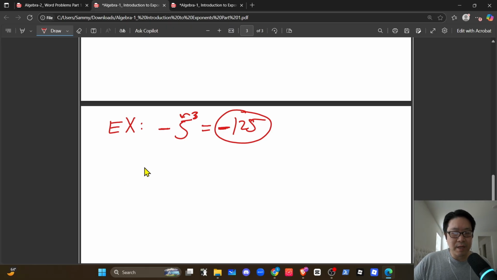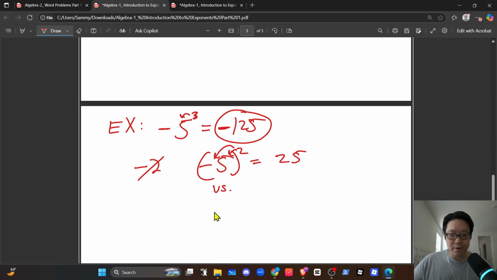Let's say you had something like (-5) raised to the second power. The 2 would apply to the negative and it would apply to 5. A negative times a negative is positive, so the negative would go away, and 5 squared would be 25.